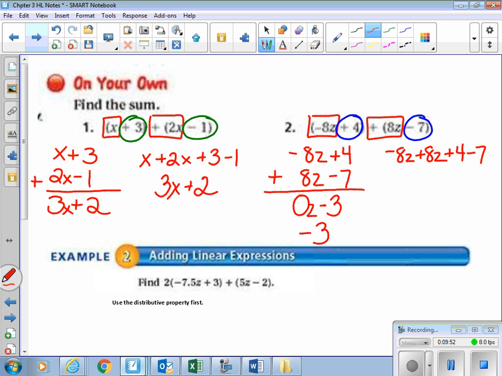Negative 8z, positive 8z, still a 0z. 4 minus 7, we could rewrite it to help you with your integer rules as 4 plus negative 7. My signs are different. I subtract and get 3. Take the sign of the higher absolute value, which would be my 7, which is negative. 0z minus 3, anything times 0 is 0, so we can just get rid of that, gone, for an answer of negative 3.